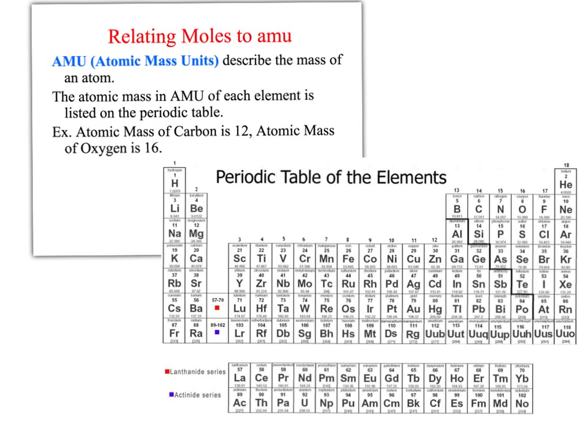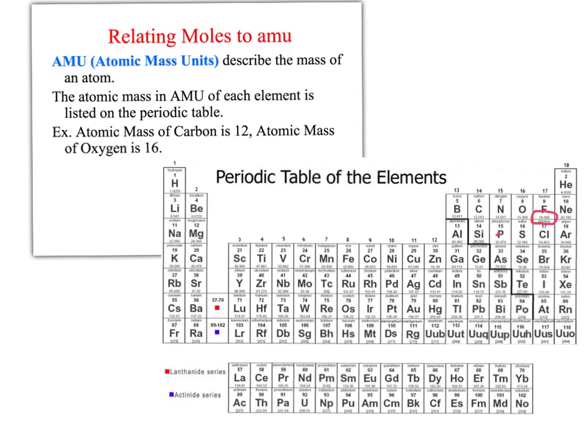Okay, so now we're going to look at a different aspect of moles. So remember how we figured out how much an atom weighed? We used atomic mass. And if you go to the periodic table, it was this number underneath it.